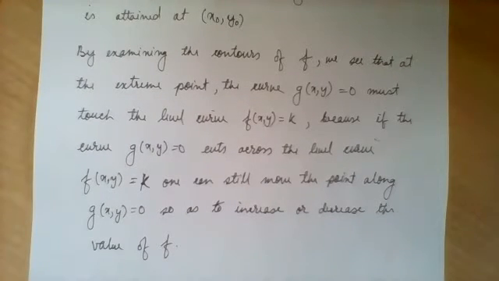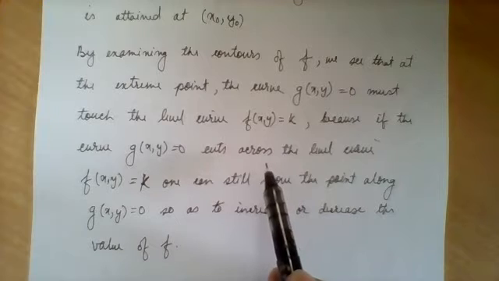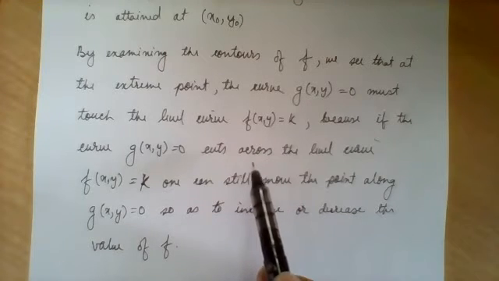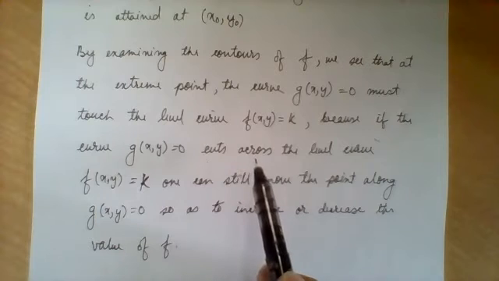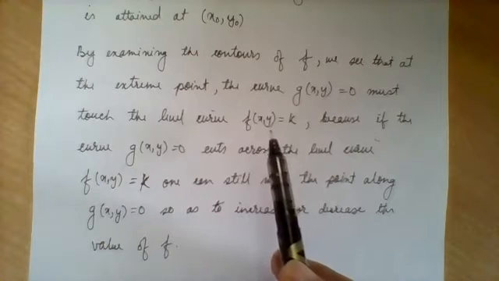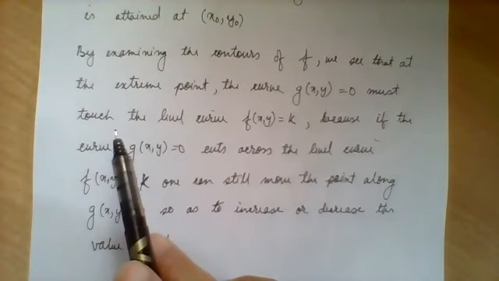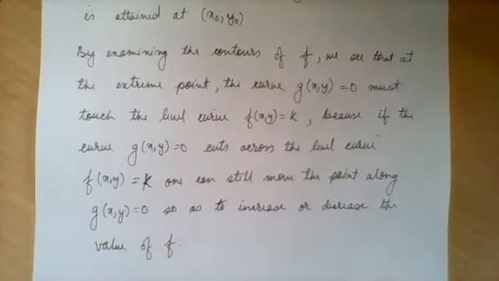I repeat, if they cut across at more than one point, that is not the extremum. It should only touch the level curve. Touch, tangent. So let me give you one example.